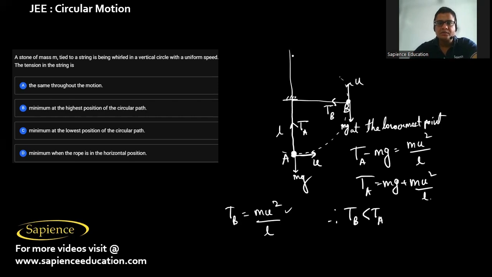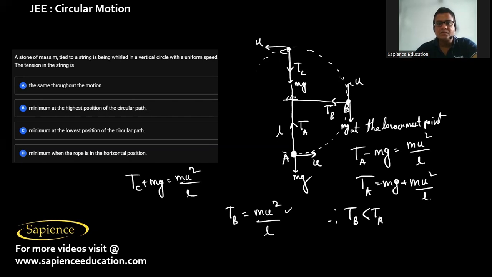And when it reaches point C, which is the uppermost point, then u will be like this, and this will be TC. And here mg also will be acting. So TC plus mg will be equal to mu square by L.